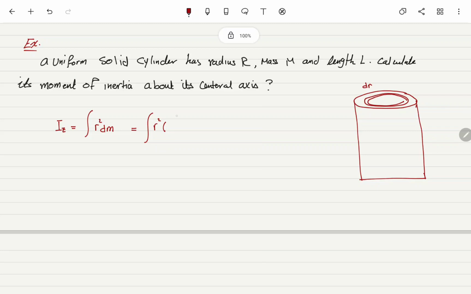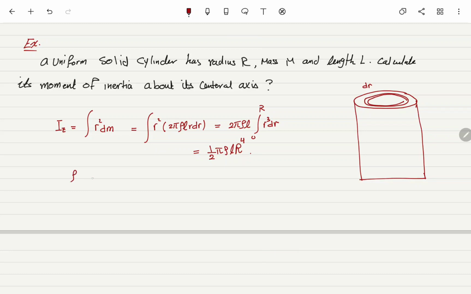Now we use cylindrical coordinates, 2 pi rho l r dr. You integrate this one, 2 pi rho l from 0 to r of r cube dr, and the integration gives half pi rho l r to the power 4.